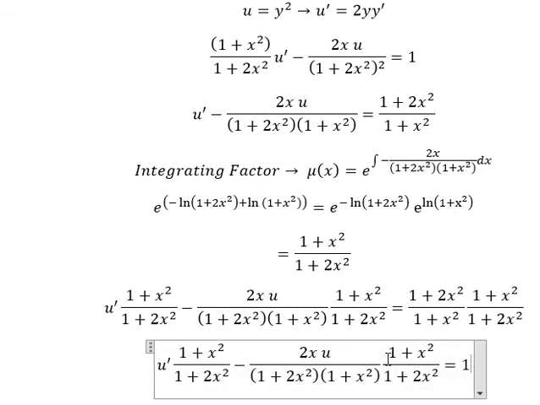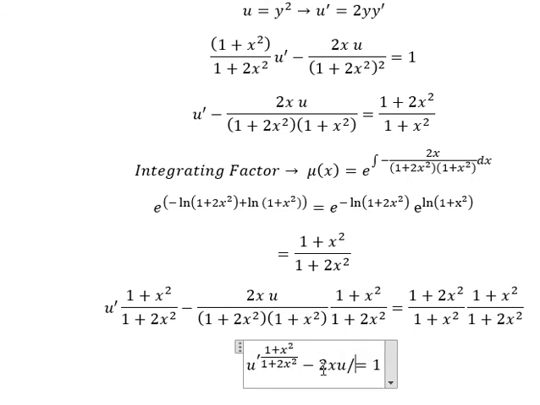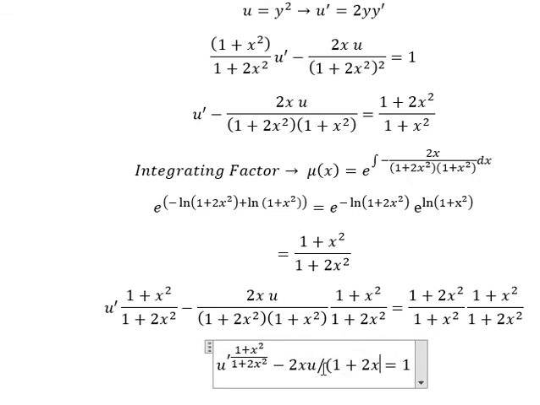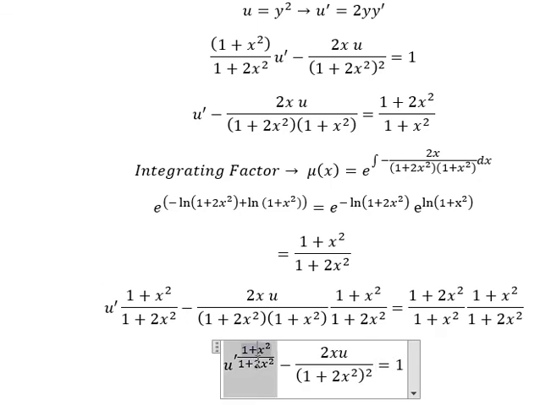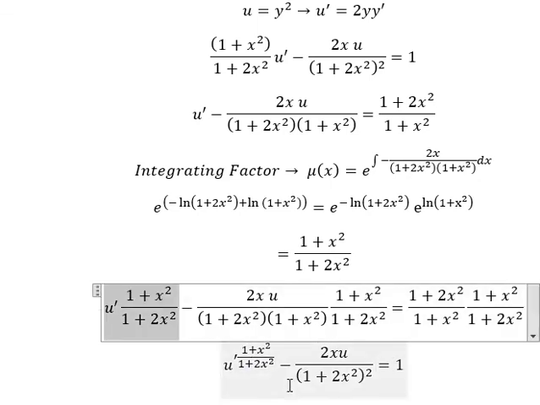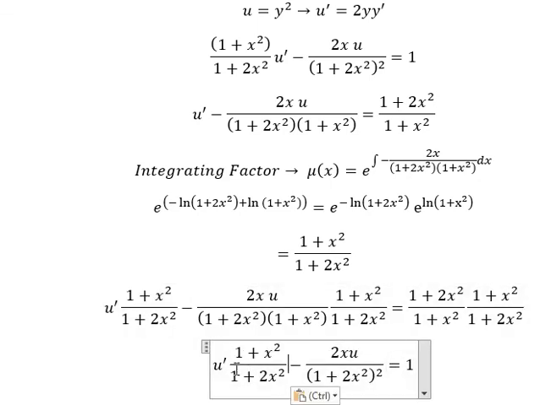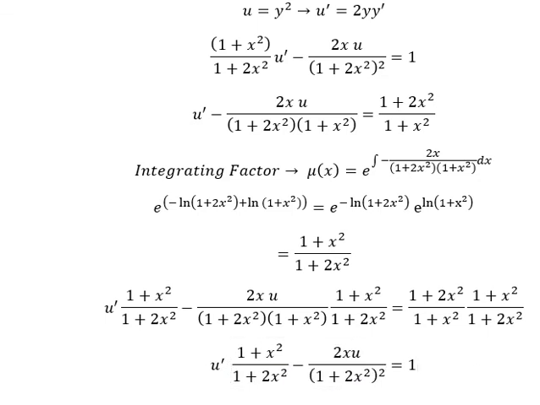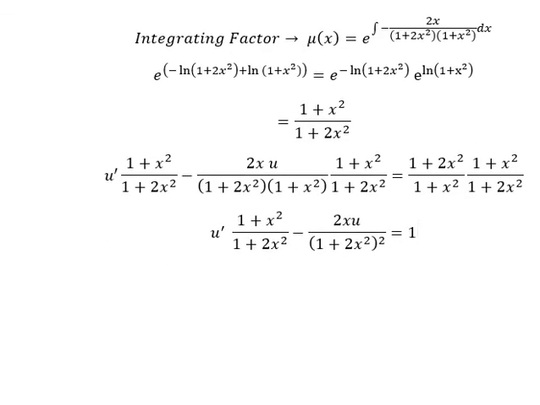This one we simplify into 2su over 1 plus 2s square, everything to the power of 2. So we can put the integration for both sides.